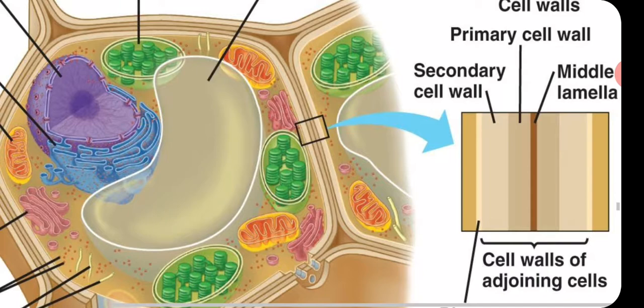In some plants, particularly gymnosperms, there is also a tertiary cell wall in some species, for example Taxus. So middle lamella, primary cell wall, secondary cell wall, sometimes tertiary cell wall. All these layers give protection and strength to the cell.